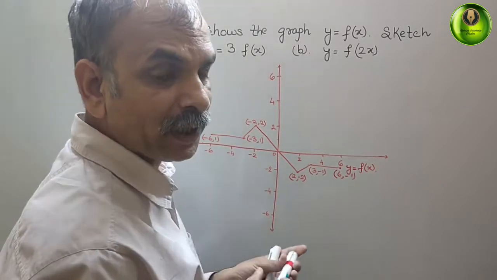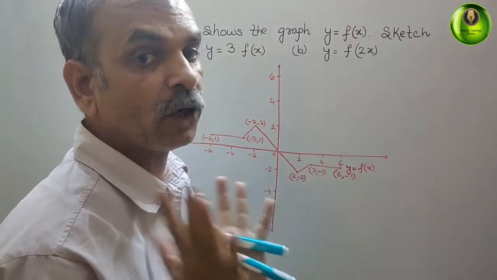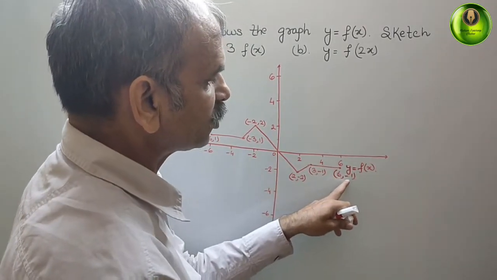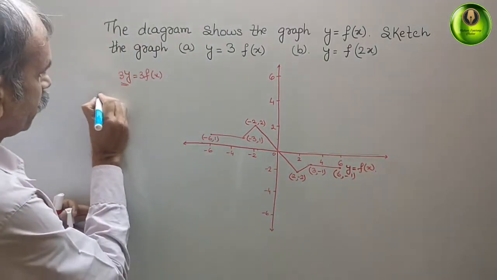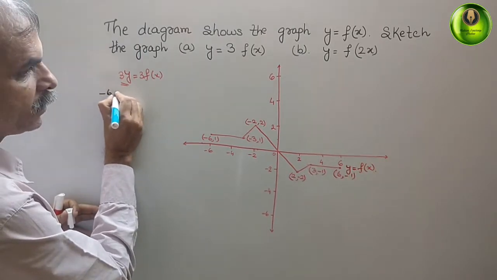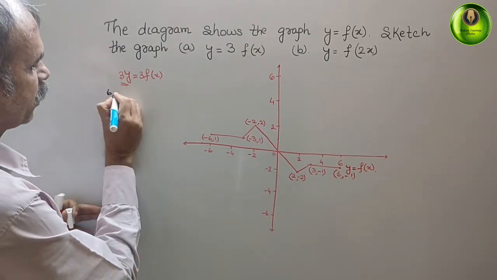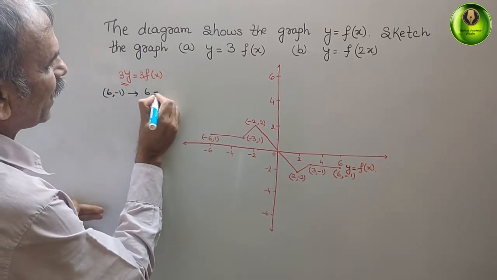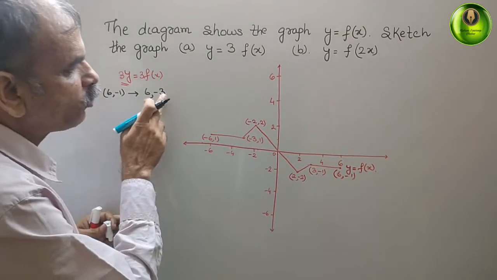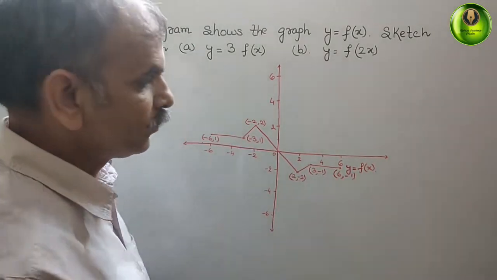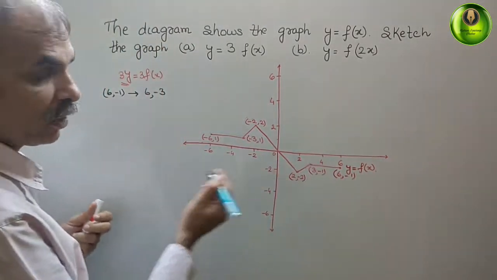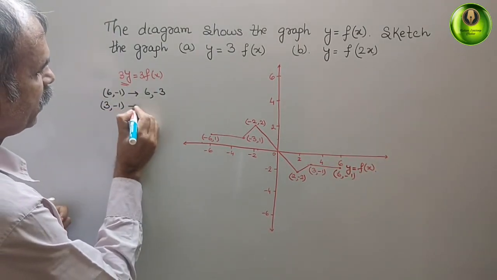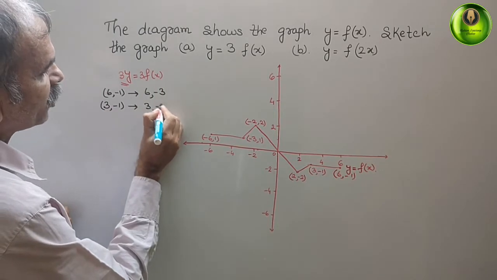Now just multiply by 3 only the y coordinate. What will it be? Minus 6 comma... 6 comma minus 1 will become 6 comma minus 3. Only the y coordinate you have to multiply by 3. Next, 3 comma minus 1 will be 3 comma minus 3.